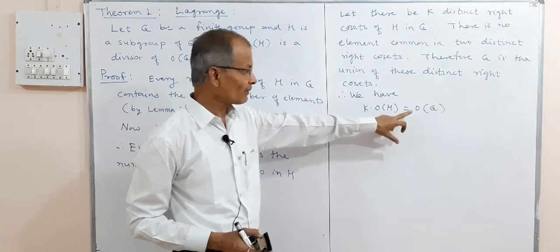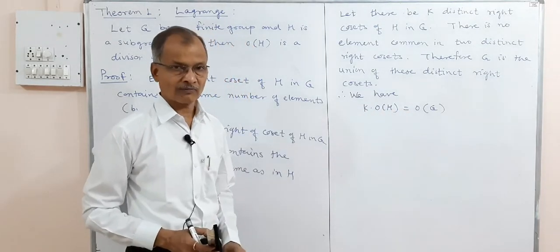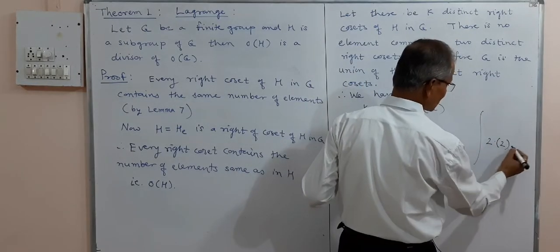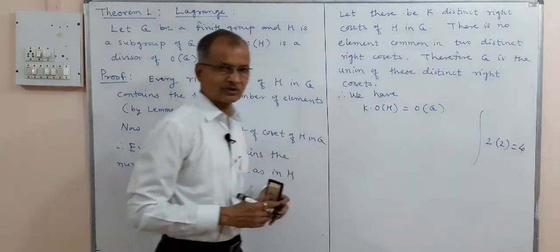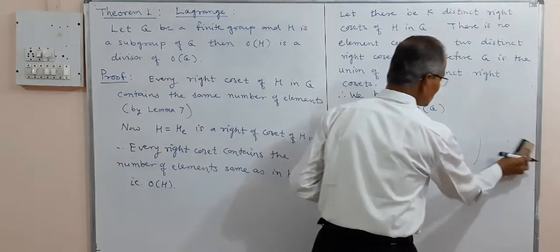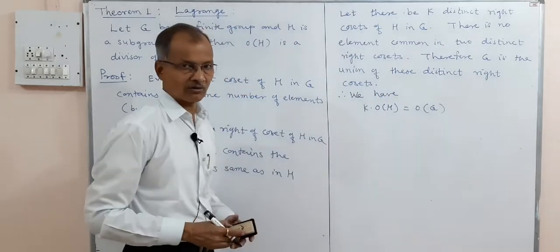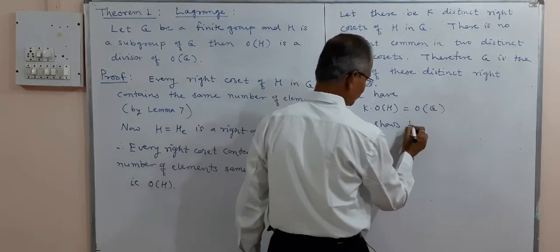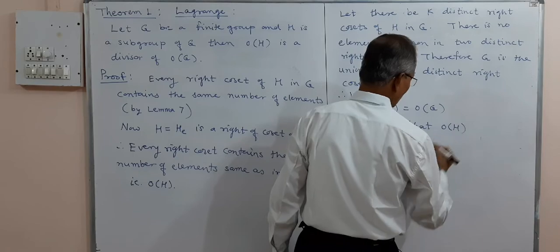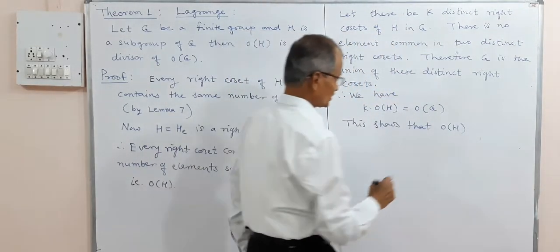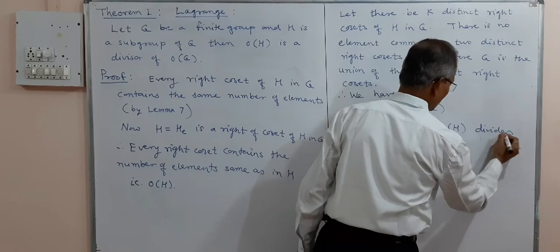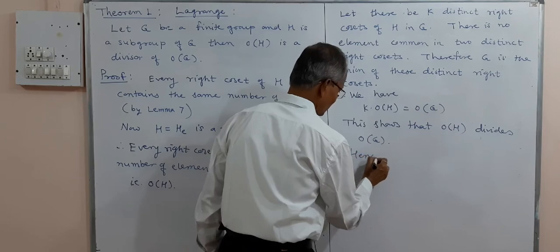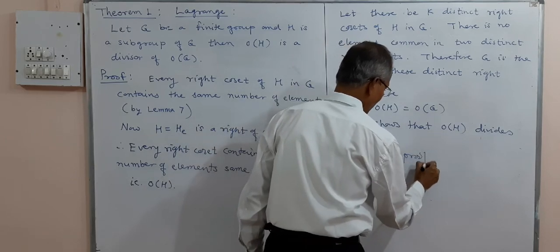So the total number of elements in G will be k times order of H. As in the earlier example, there are two right cosets and each contains two elements, and therefore the order of G was 4. This shows that order of H divides order of G by the divisibility relation, because order of G is a multiple of order of H. And hence the proof. This completes the proof of Lagrange's theorem.